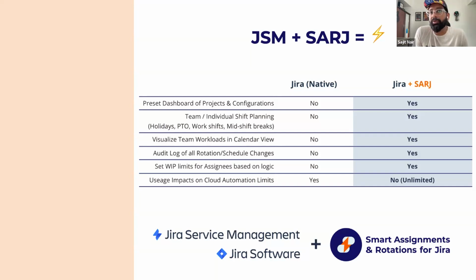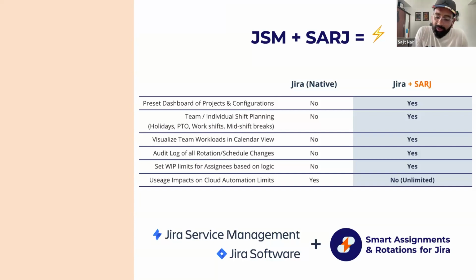So that's where work in progress limits come into the picture. For example, you can set up a specific amount of work that can be assigned to an individual. Like 10 in progress tickets, then don't assign an 11th new ticket to that person until that number comes down to 5 or something like that. Whatever you define, all of this is customizable.